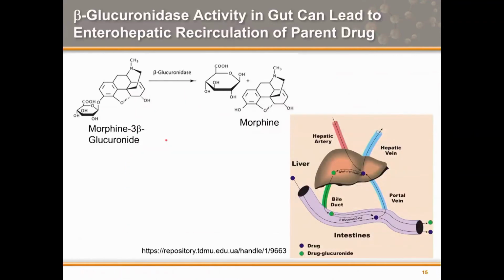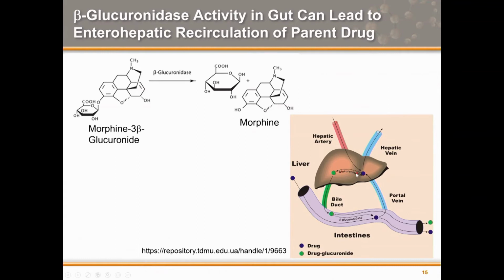For glucuronides that are secreted into the bile, they can also undergo this process of enterohepatic recirculation. This is illustrated here, where you have a parent drug, such as morphine, being converted to the glucuronide.